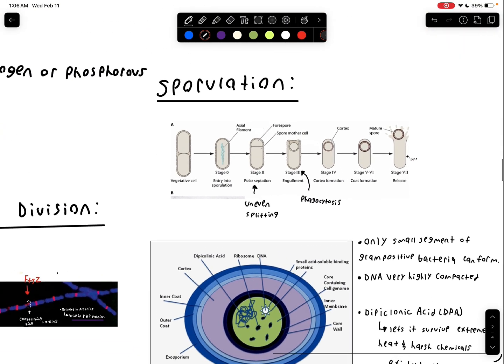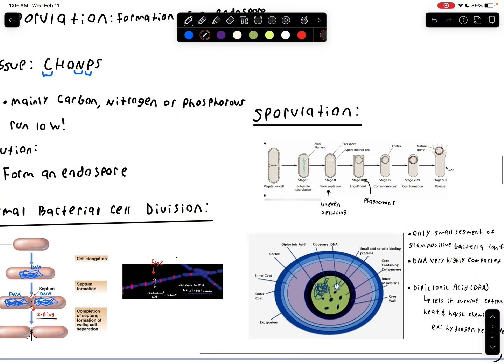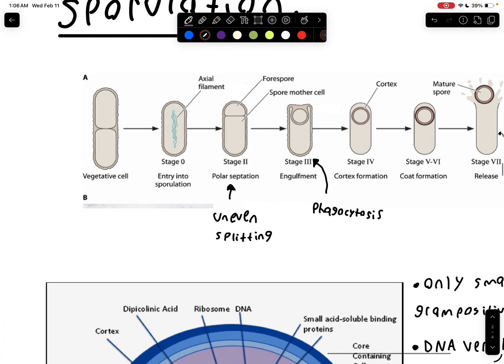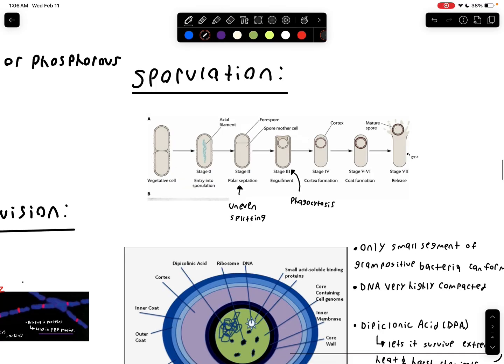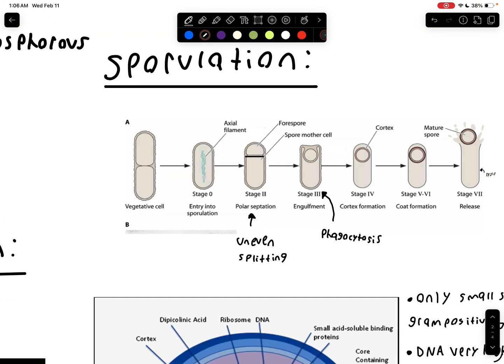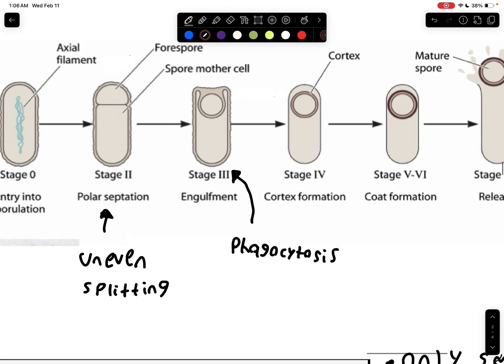The sporulation happens when we are missing a lot of our nutrients. So instead of this, we have our normal cell, and instead of going through normal binary fission, what happens is it splits but unevenly, right? There's not enough nutrients to go through a full division. And so you have this little area, which we call the forespore.